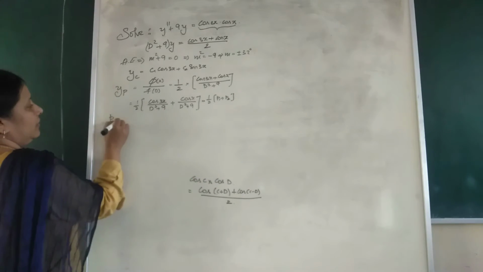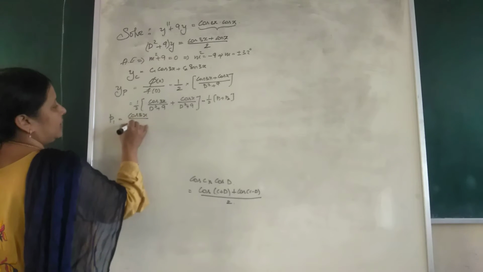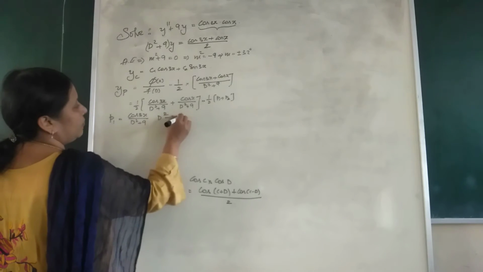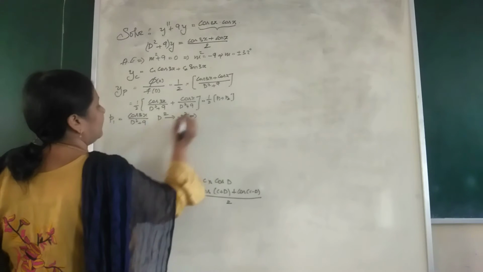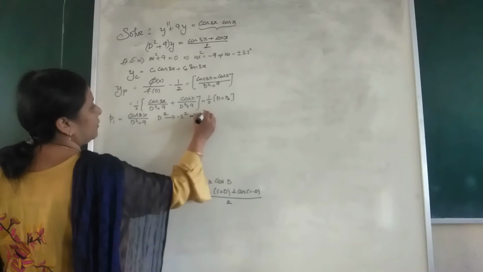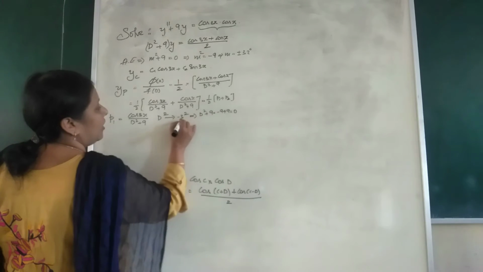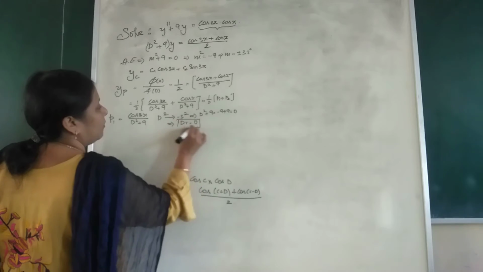Finding the P1 term, we get cos 3x divided by D square plus 9. This is of the second type where D square should be replaced by minus 3 square. By doing this, the denominator D square plus 9 will be equal to minus 9 plus 9, which is 0. Hence the denominator is going to be 0.